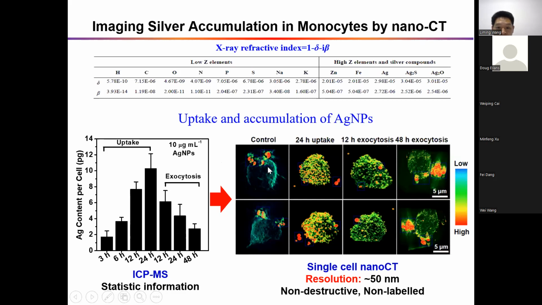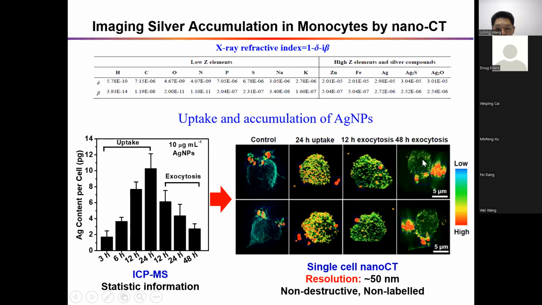We can see at the beginning, there are very few signals. Here I want to highlight that the red sample is some gold particle to label the sample for imaging. It's not from the cell. We can see at 24 hours, there is high accumulation of the particle inside the cell.